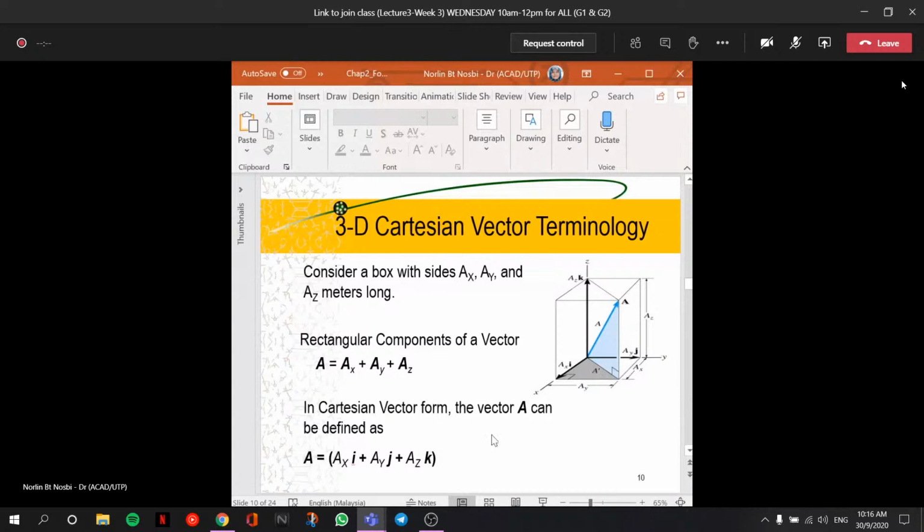So you can write it like this: vector A is equal to axi plus ayj plus azk. This is the common Cartesian vector that you studied during the foundation, so I'm sure you have mastered it, right? Is it okay until now?